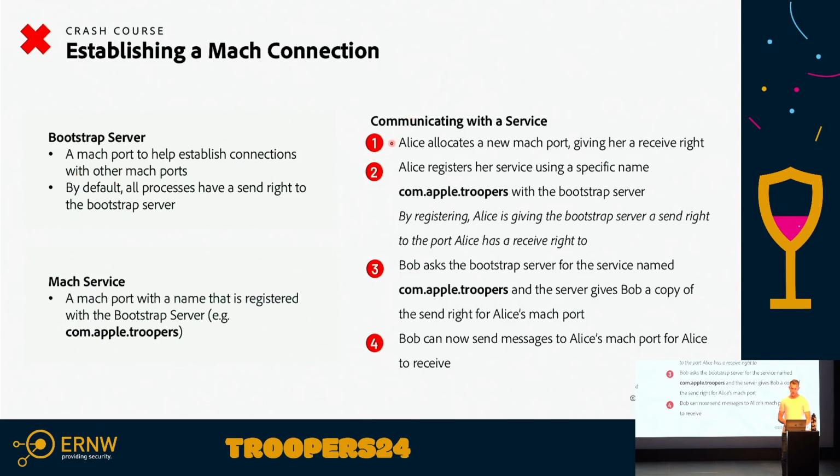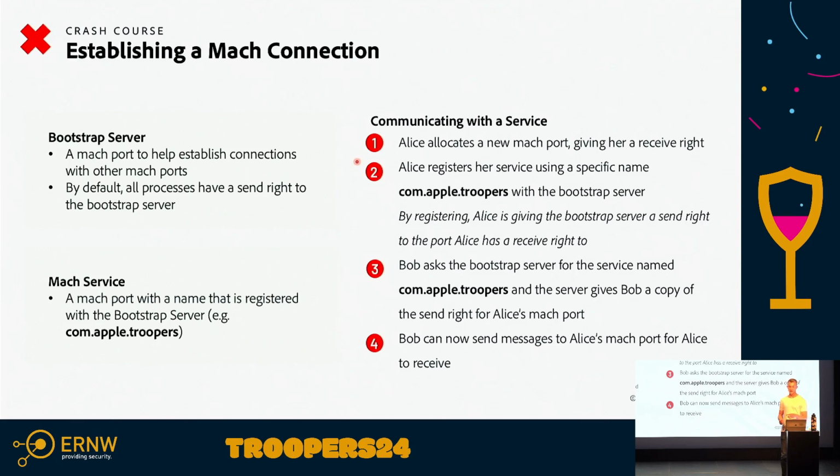So now let's say that Alice would like to create a service and let others communicate with it. Alice is going to first allocate a new Mach port, which will give her a receive right to that port. So she can check that mailbox and grab any messages that are sent to it. Alice is then going to register her service using that specific service name, Apple Troopers, with the Bootstrap server.